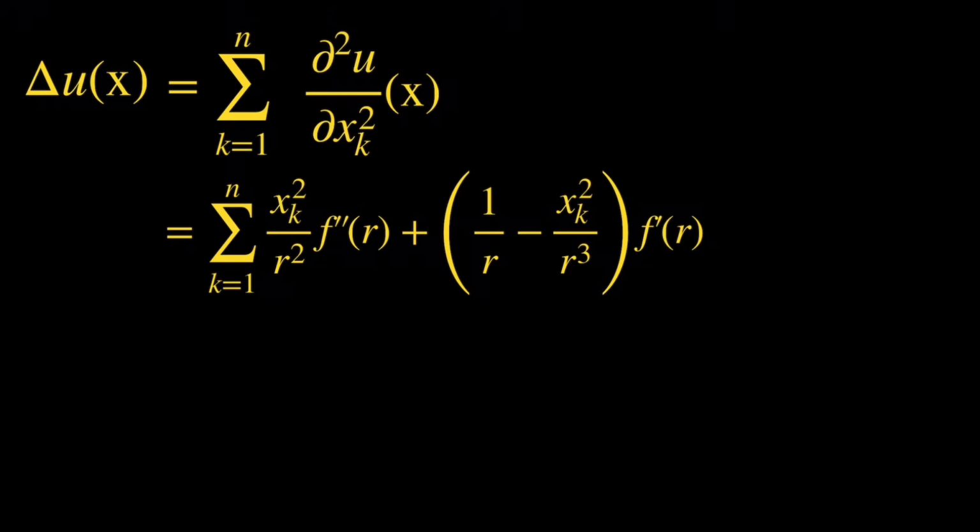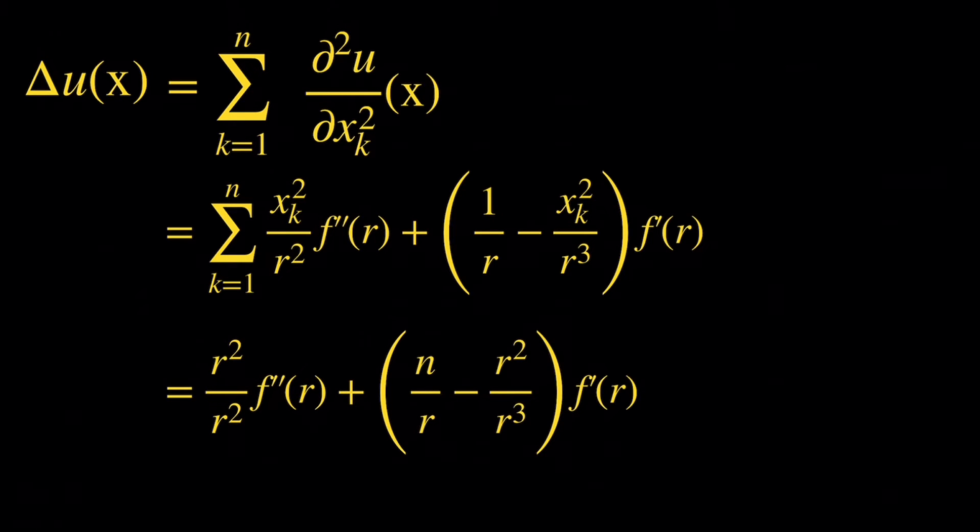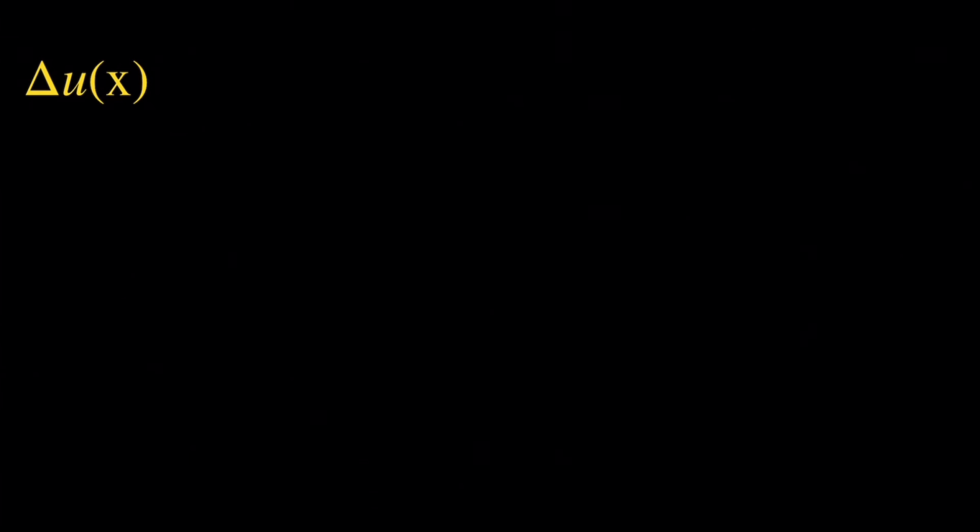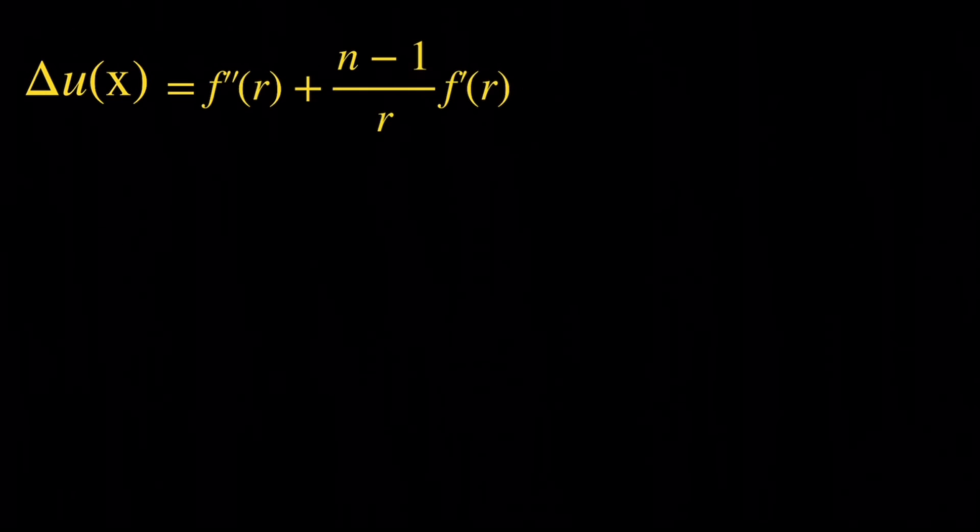Now the sum, as k goes from 1 to n, of xk squared is simply r squared. So we're going to get the following. And r squared over r squared is just 1, while r squared over r cubed is just 1 over r. And we end up with the Laplace of u equals f double prime plus n minus 1 over r times f prime of r.